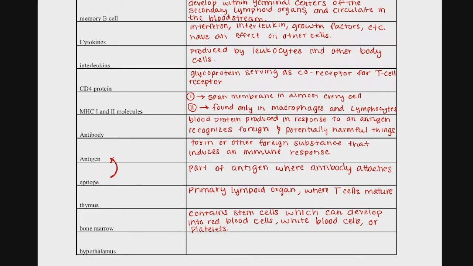The hypothalamus, also a huge one. I think maybe some of you guys have heard of it before. It's in our forebrain. It's the region of the forebrain that's right below the thalamus. It coordinates the autonomic nervous system and the activity of the pituitary.